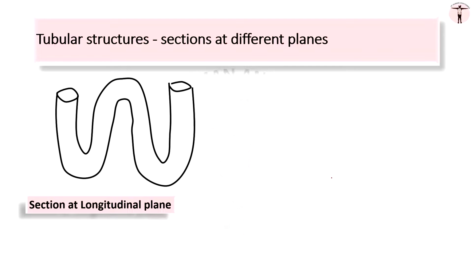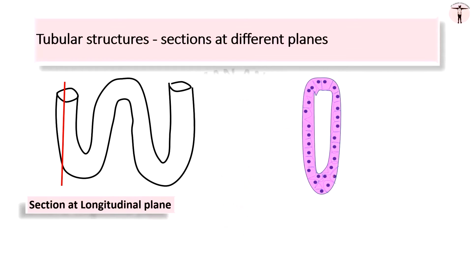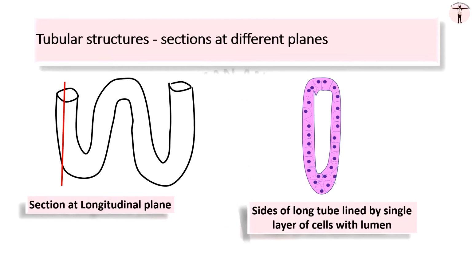For example, we will observe the plane of sections passing in different directions through a simple coiled tube and try to understand how the sections at those levels look like. When the section passes in the longitudinal plane along the tube, the section appears long, with the sides of the long tube lined by the cells with elongated lumen inside.